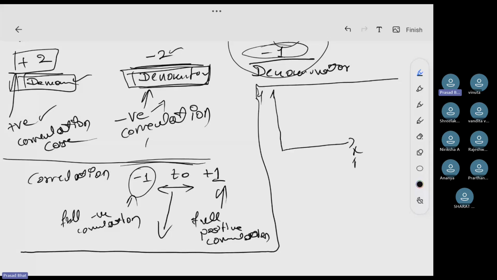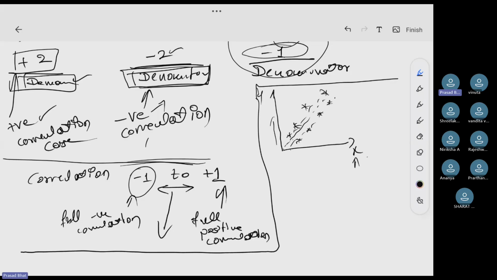Whenever there is an x and corresponding y value, if I plot them on a Cartesian plane and the trend is something like this, then we say that it is some positive correlation. Why? Because as x is increasing, y is also increasing. That is why we are getting this kind of trend, right?